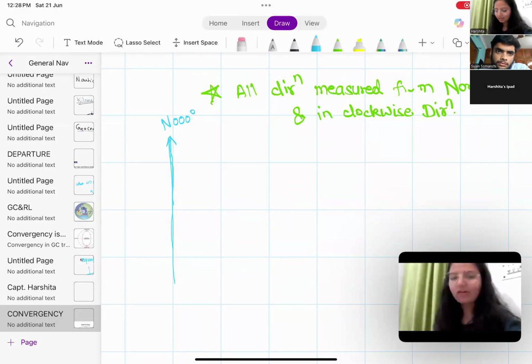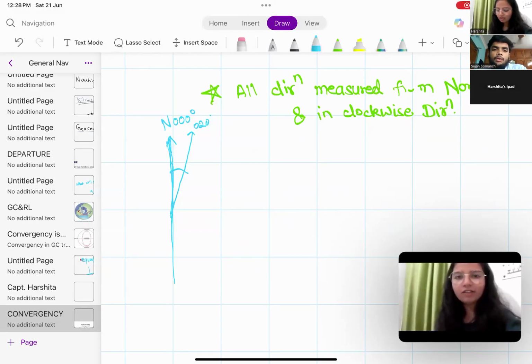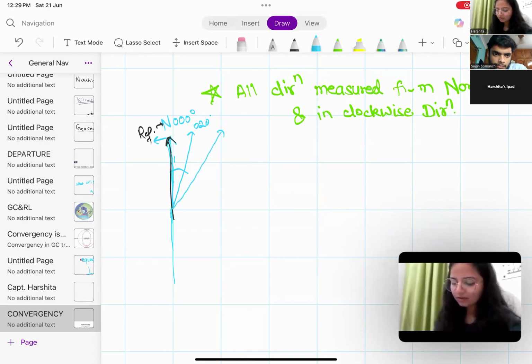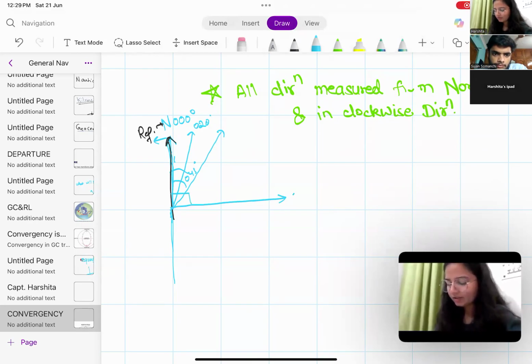If I want to go 20 degrees, then this is the line. From here 20 degrees. This will be 020 degrees. If I want to go 45 degrees, I'll start from this vertical line. This is my reference line. Reference is north. 45 degrees, I'd go like this, making an angle of 45 degrees. If I want to go in the 90 degrees direction, that is the east direction. This will be east, 090 degrees.